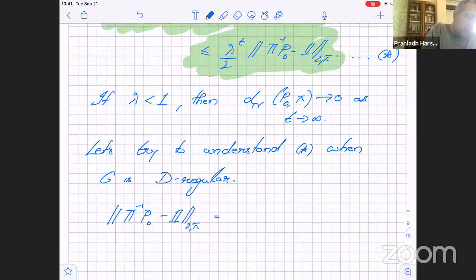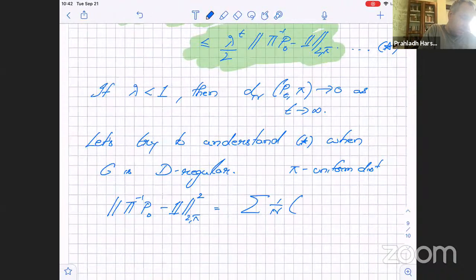The graph is d-regular, therefore pi is the uniform distribution. I want to claim, what is this going to be? The square of this is actually equal to the summation over b of 1 over n times n times P0(b) minus 1 whole square.